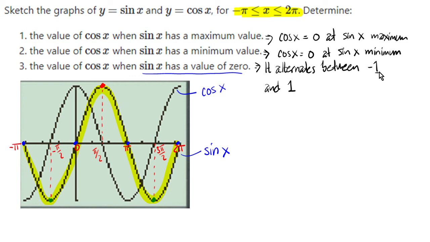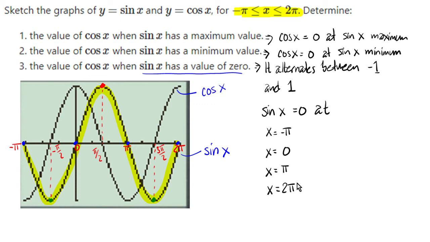So we can say that sine x equals 0 at x equals negative pi, x equals 0, x equals pi, and x equals 2 pi.